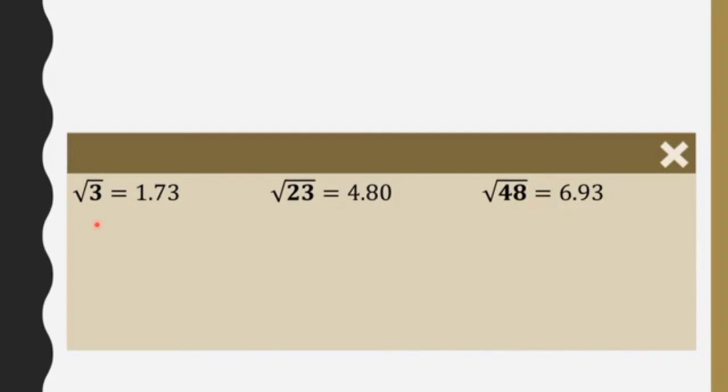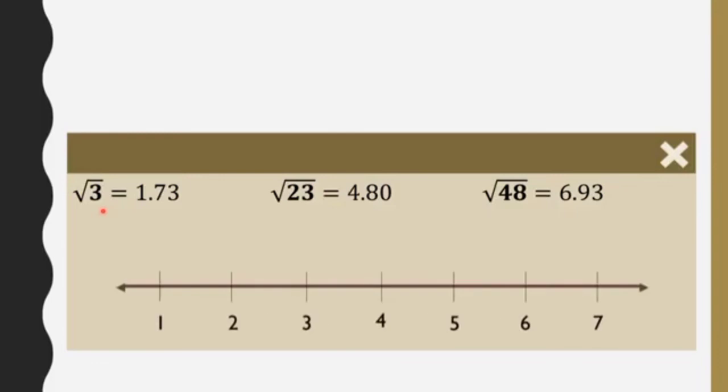So halimbawa, since ang 3 ay malapit sa 2, or bago mag square root of 4, so pwede natin gamitin 1.5 squared, 1.6 squared, pero ang square root of 3 ay malapit sa 1.7 squared or 1.73. So here's the number line.